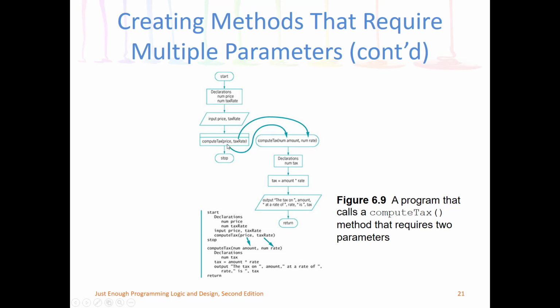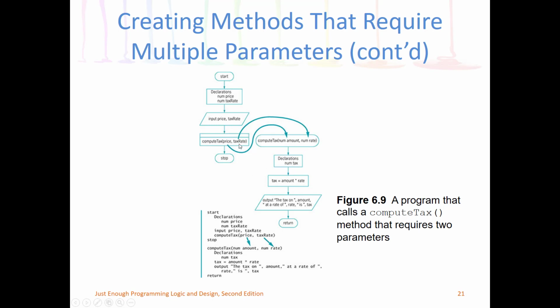They're calling this method, and they're passing in copies now, because this is by default passed in by value of what's stored at price, sticking it in this little temporary variable called amount, and what's stored at tax rate, sticking in this little temporary variable called rate. These are temporary and they only exist as long as this exists. Now I can do anything I want to amount and tax in here.